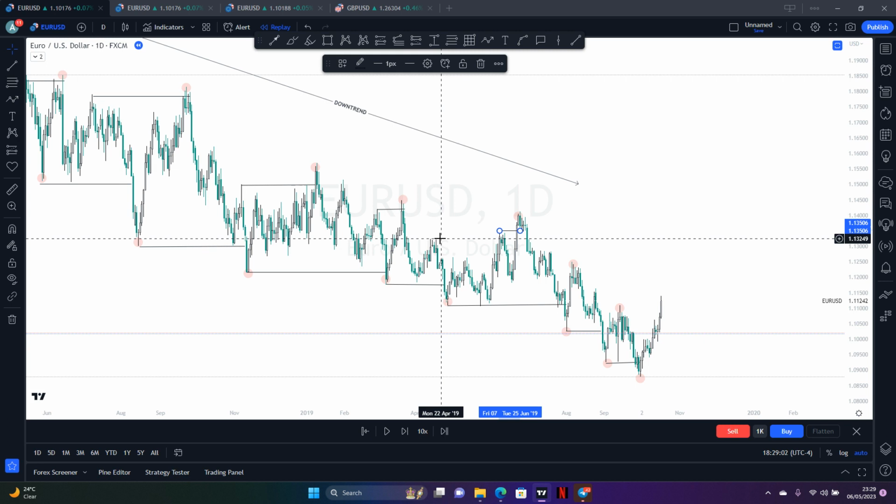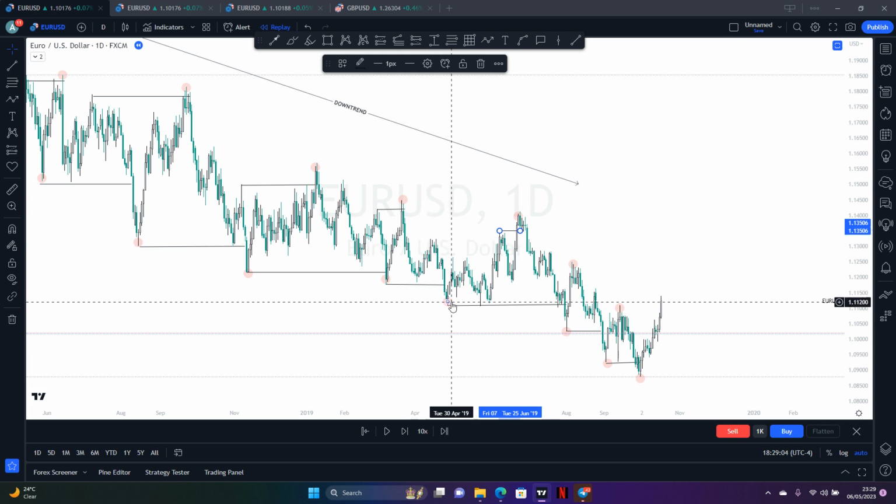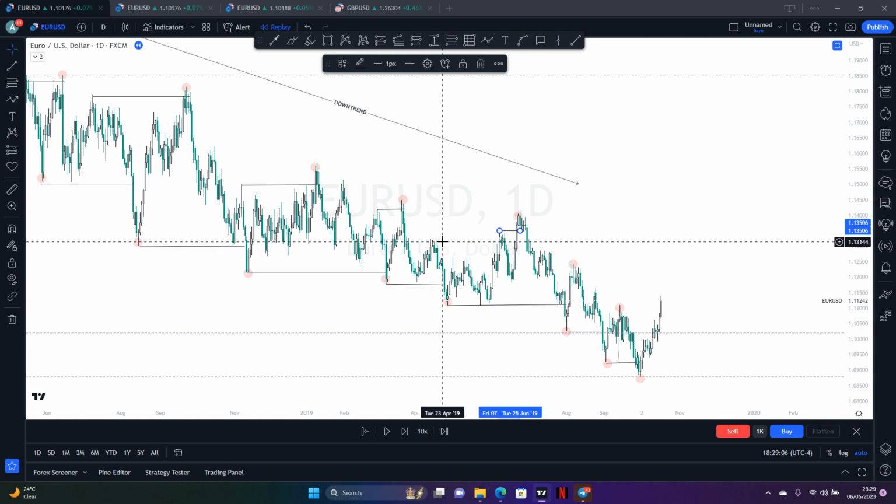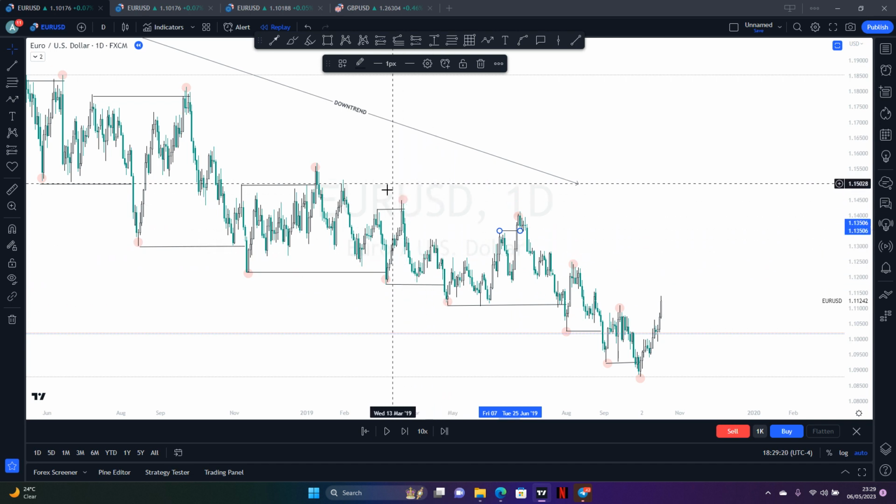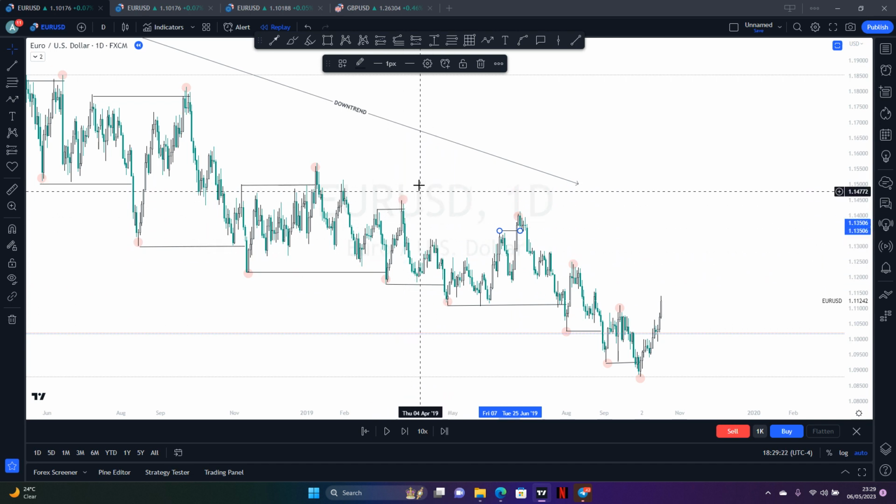I hope you know this actually looks like a market structure shift right here. But what people have failed to understand is that this wasn't the low we are talking about. The range is from here to here and not from here to here. Although the break of structure came from this low, overall this is where this trend started because this was where the last manipulation came.